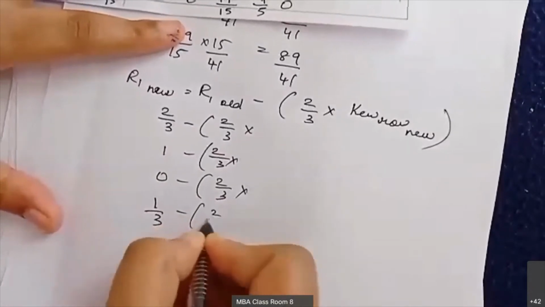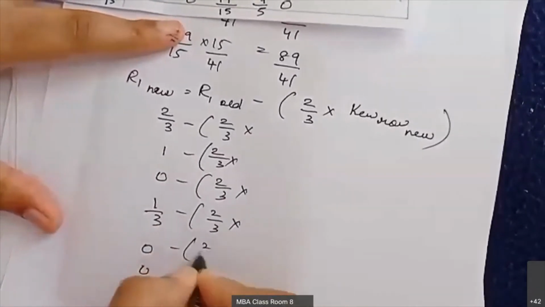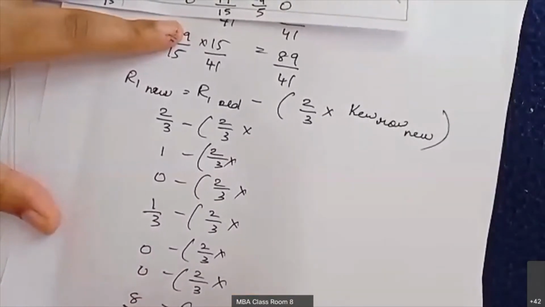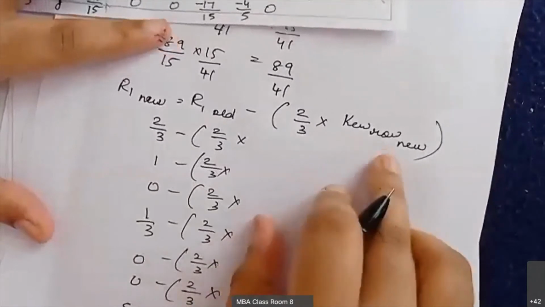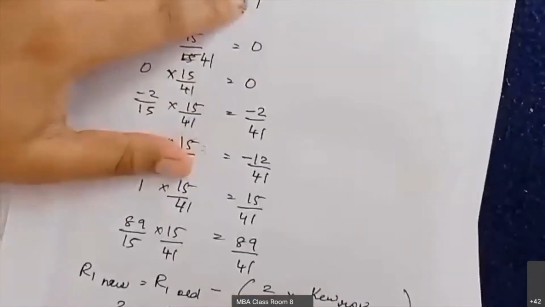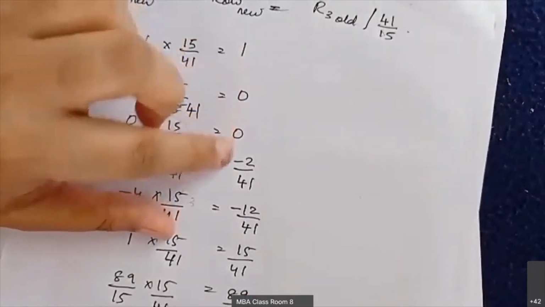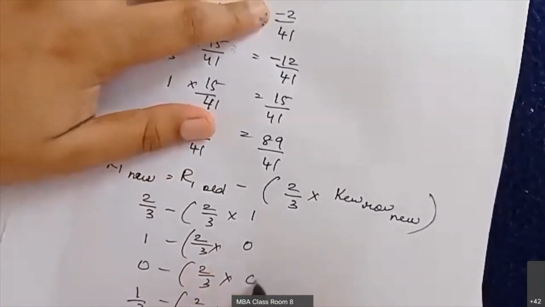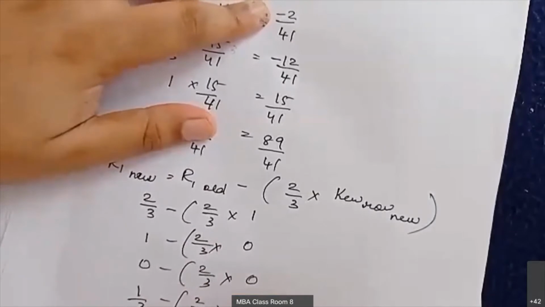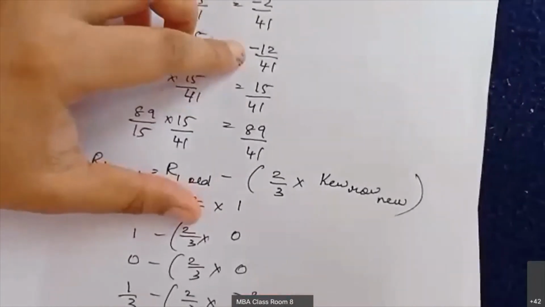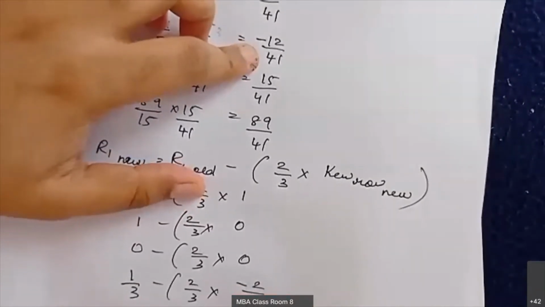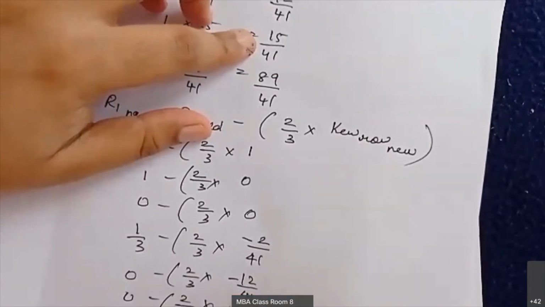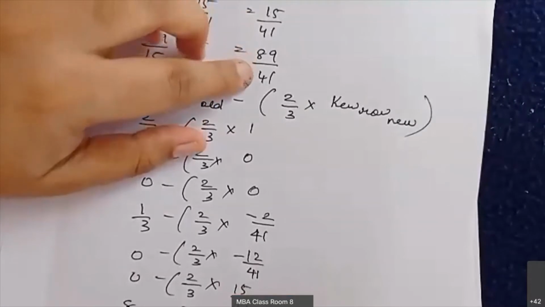What is the key row new? Here the key row new is 1 0 0 minus 2 by 41. Minus 12 by 41. Then 15 by 41. And last 89 divided by 41.